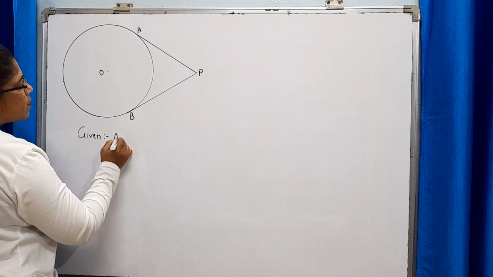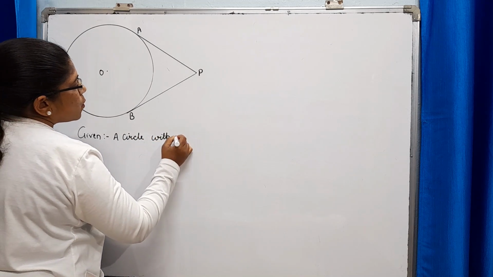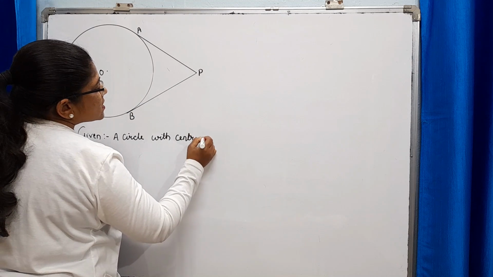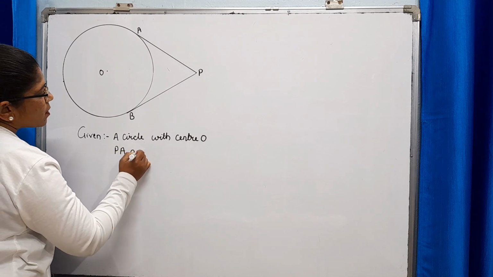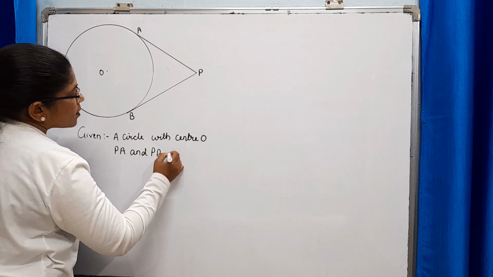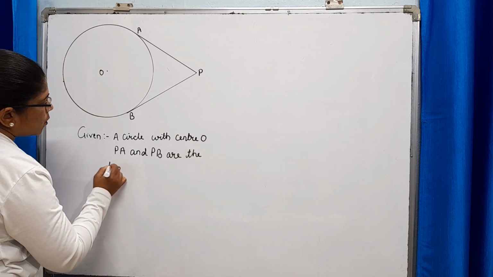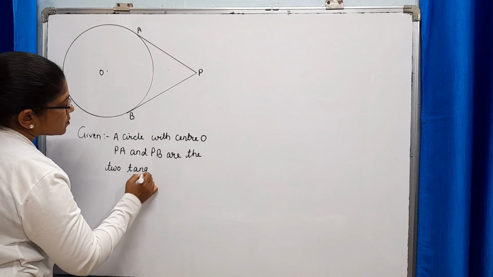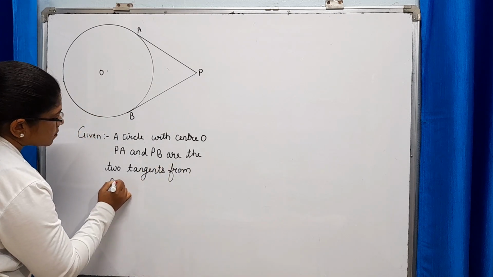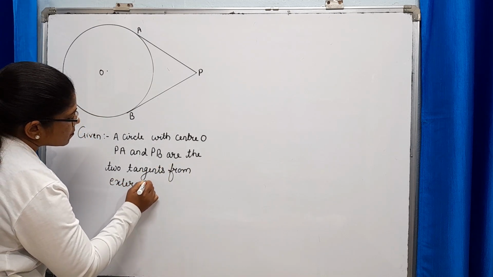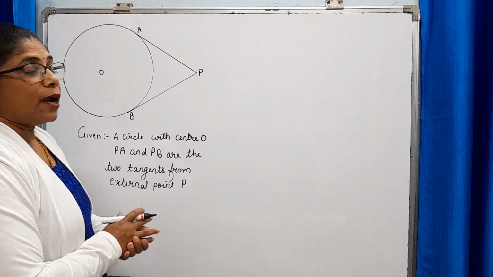Given: we have a circle with center O. Then PA and PB are the two tangents from external point P. And what we have to prove?